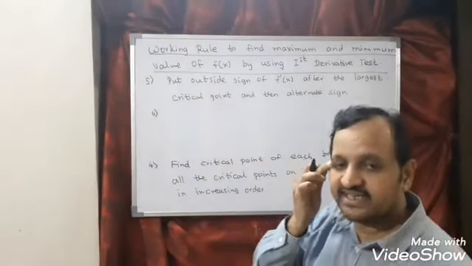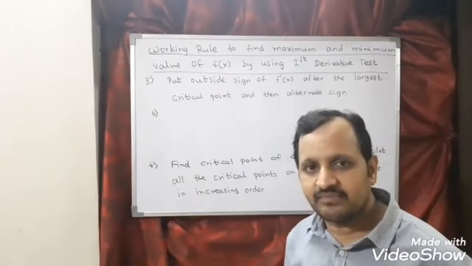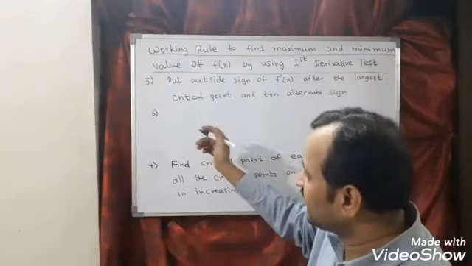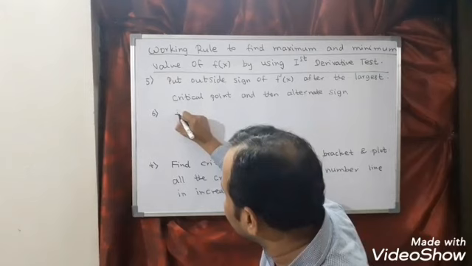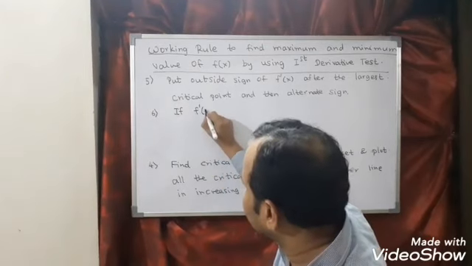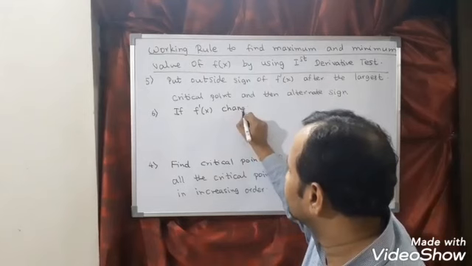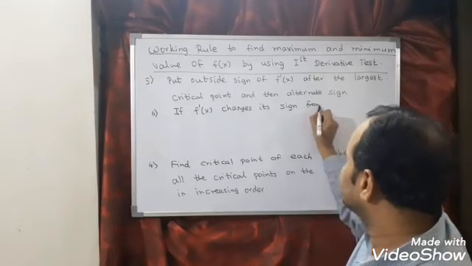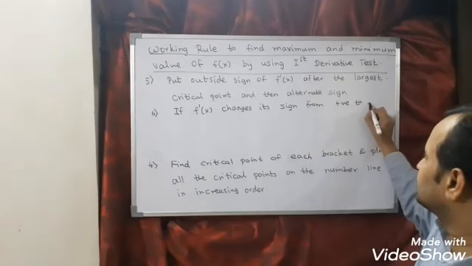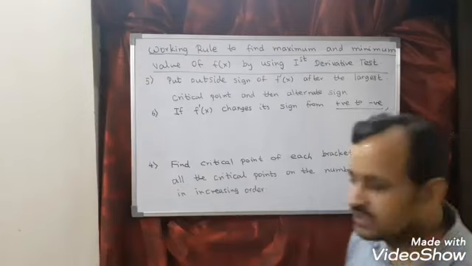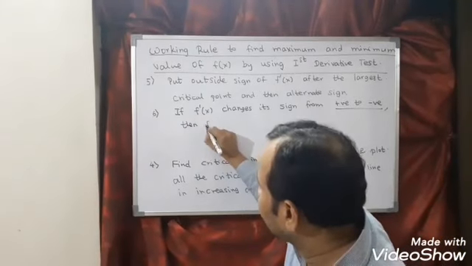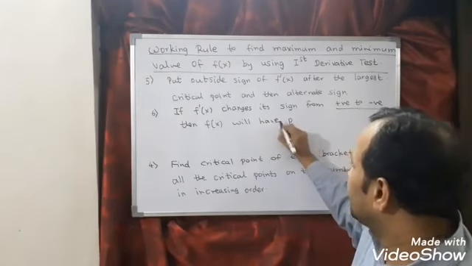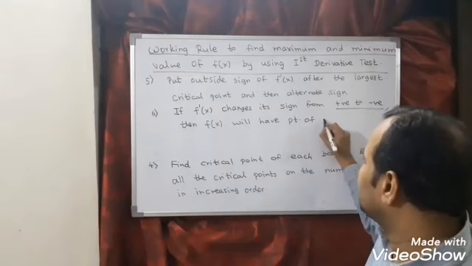All the steps are the same except the last one, the sixth. So the sixth point in increasing and decreasing is what? Plus sign represents interval of increasing, minus sign represents interval of decreasing. But in maxima and minima, the last step is: if f dash x changes its sign from positive to negative, then f of x will have point of maxima.